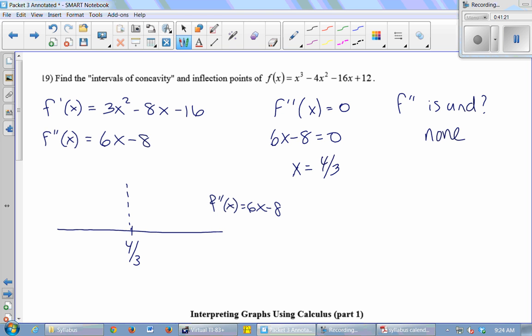If you plug in any number to the left of 4/3, what is the sign of f double prime? Negative. An easy one would be 0, right? If you plug 0 in here, you get -8. So these are all negative.